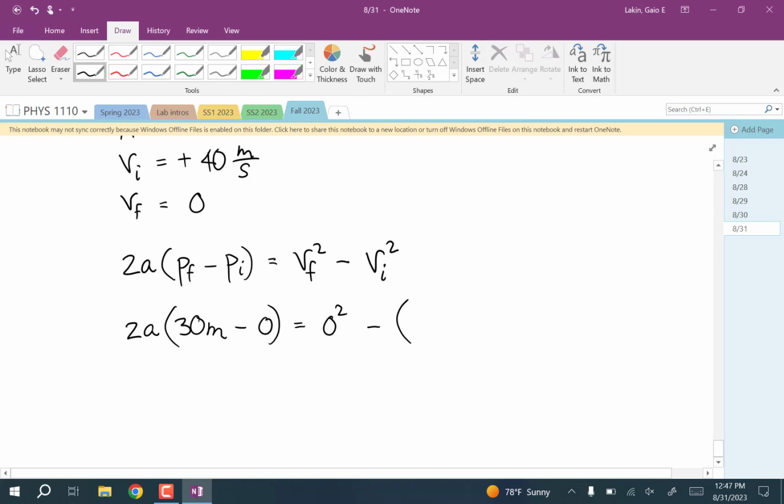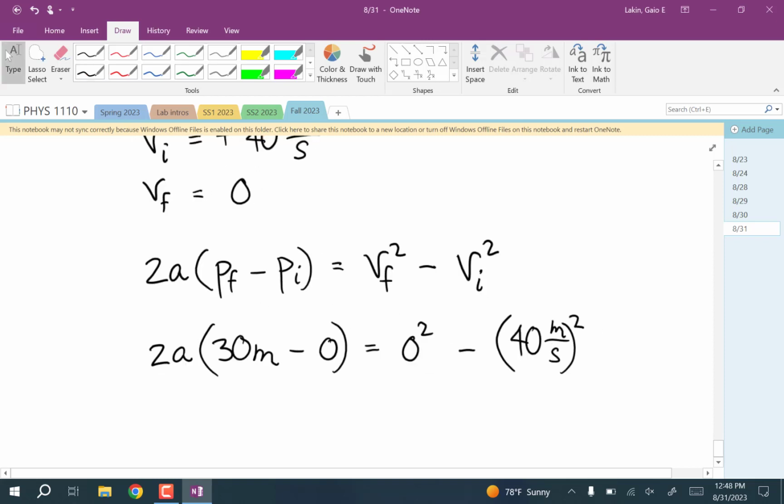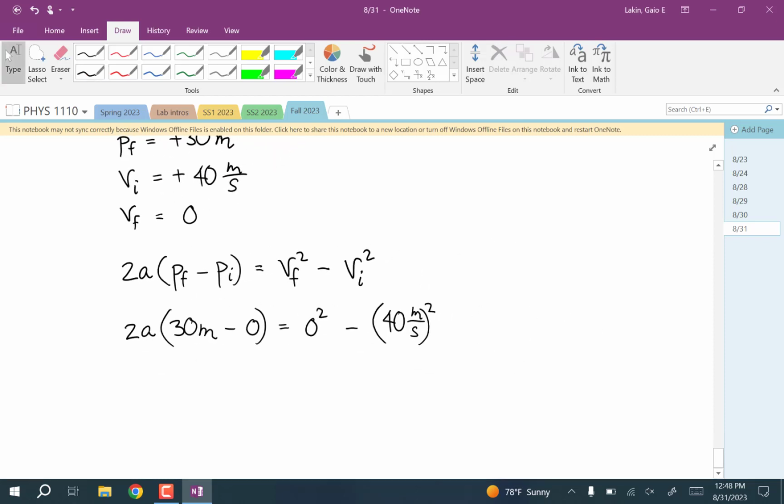V initial was 40 meters per second. 30 meters minus 0 is just 30 meters. So I'm going to multiply all these together, and you get 60 meters times A.